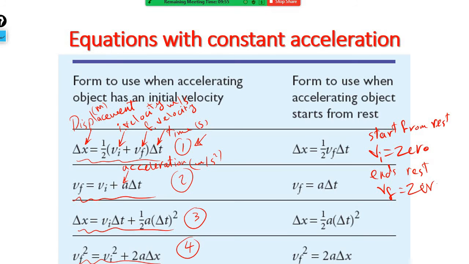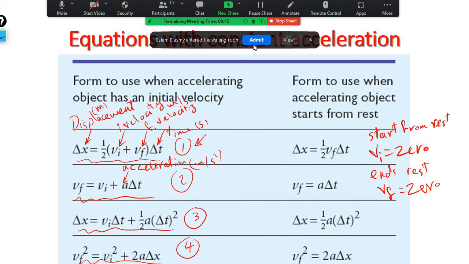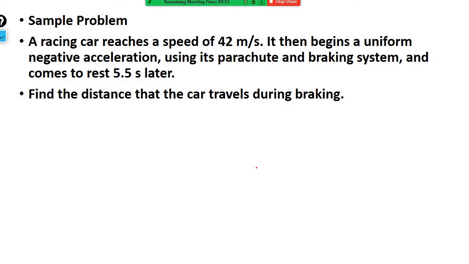Be careful, please. These are very important points to understand how you can answer the problem. Okay, what else? Maybe we can get other notes from the problems. Now let's move to a problem to understand how we can deal with it.